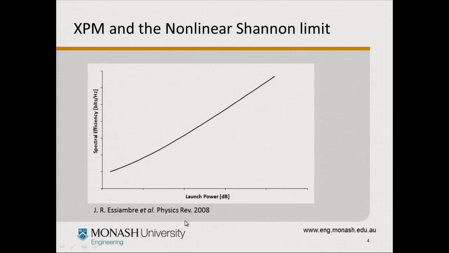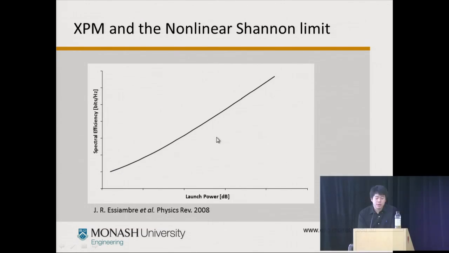Okay, so I'll start by talking a little bit about this curve. This curve is probably more famous to the information theory people for being Shannon's capacity. There's some bound that limits the maximum bit rate or the maximum spectral efficiency that can be achieved in any link.